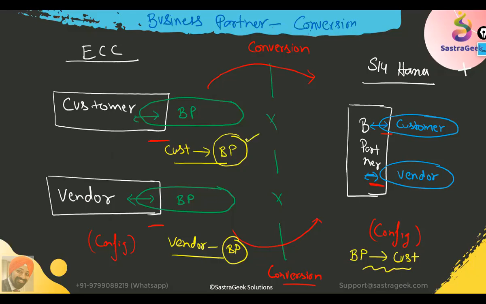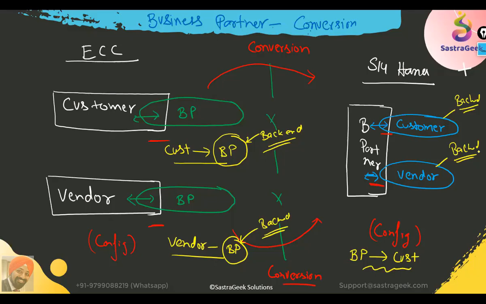And the other way around in S4 HANA, your customer and vendor would be created at the back end automatically. So that synchronization would be opposite. We need to do this kind of synchronization only because the customer and vendors are already existing. We don't have any control, they have already been created.